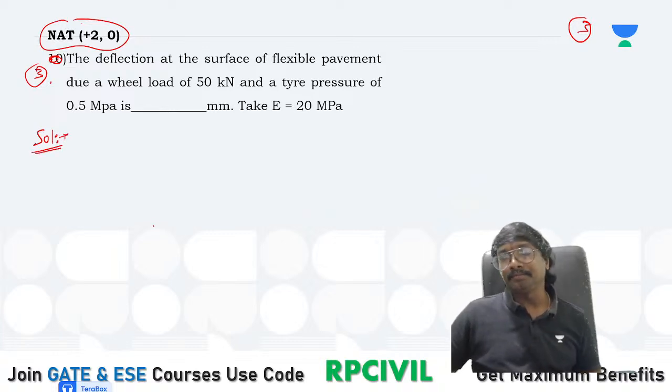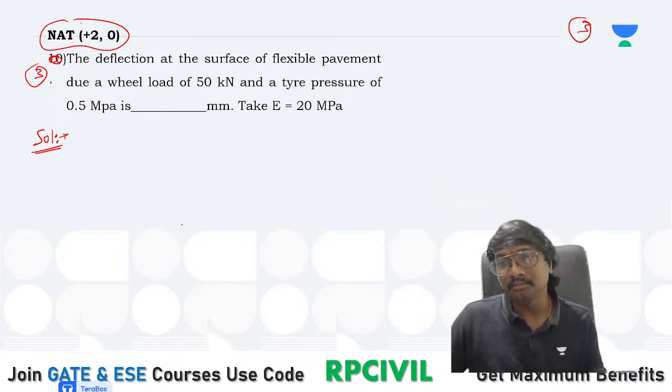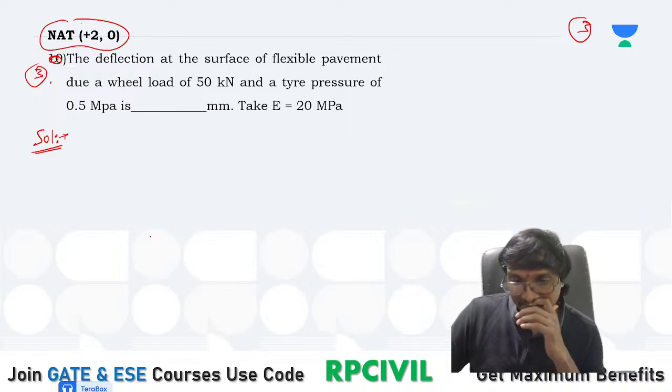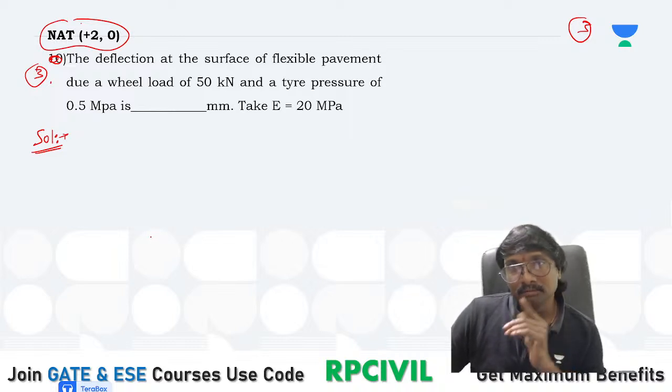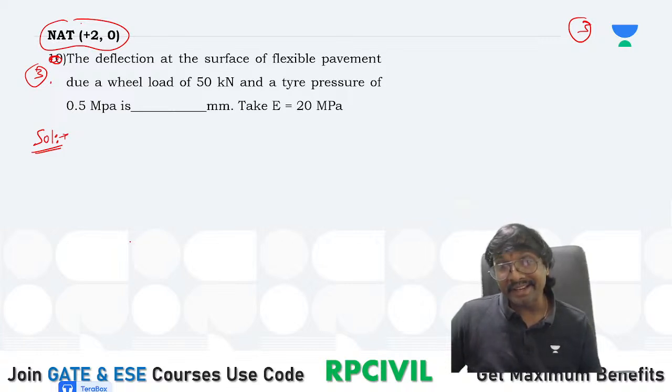Somebody solve and tell me. Anyone? 0.78 millimeter.